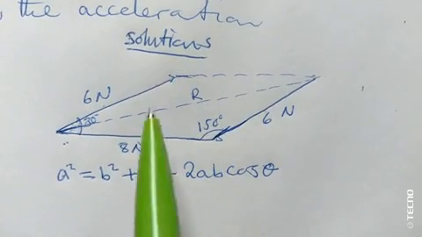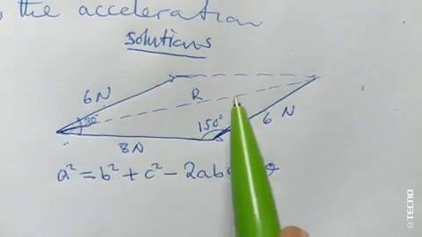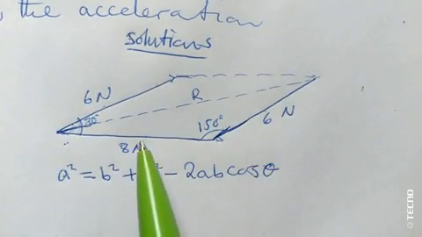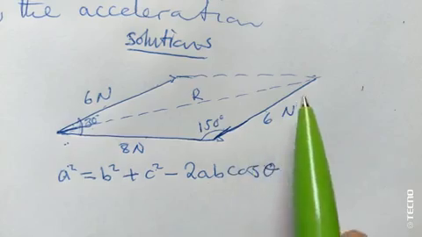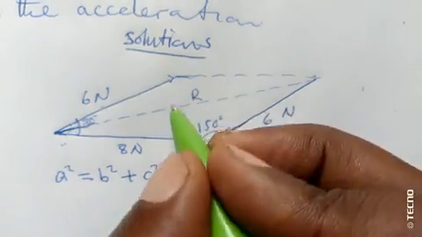Now having this, we'll consider this to be our A, this side to be our B, and this side to be our C. So we'll do it like this.